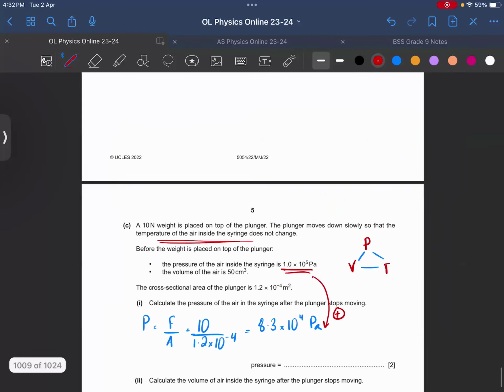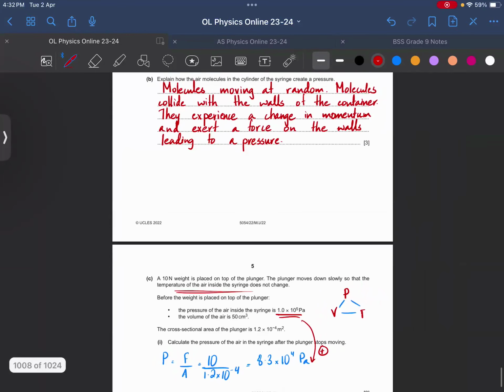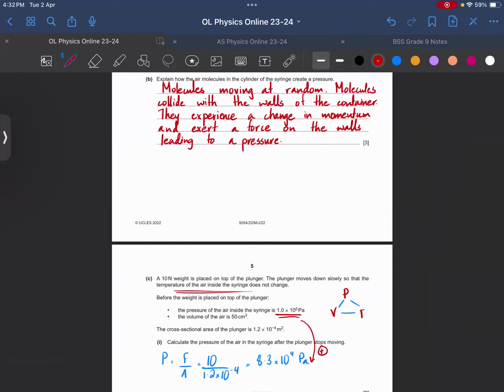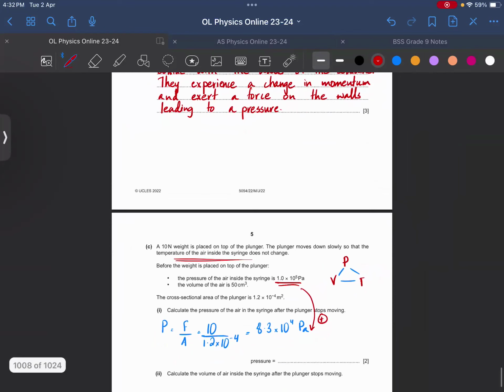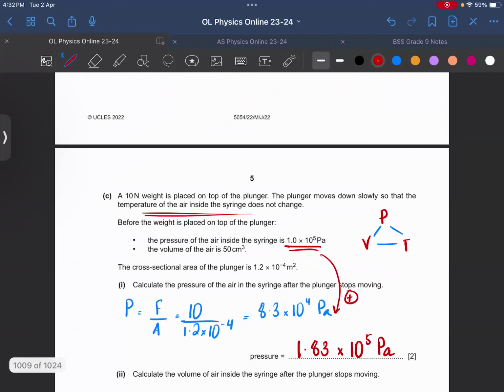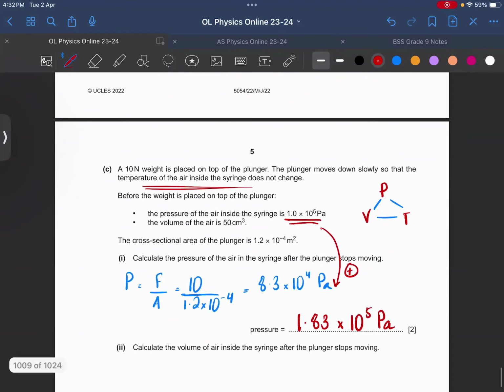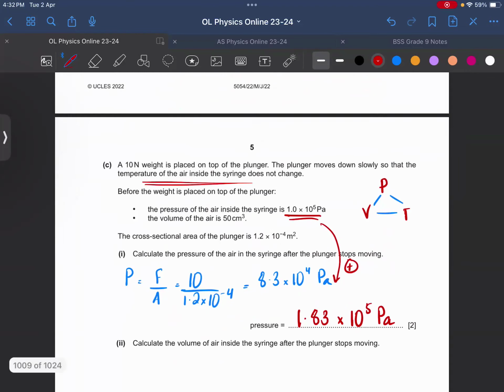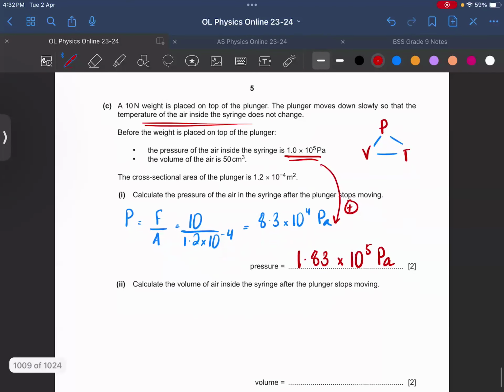Scroll up back again to what? All right. So 1.83 into 10 to the 5 pascals to 3 SF.